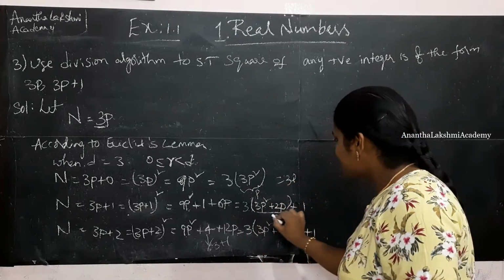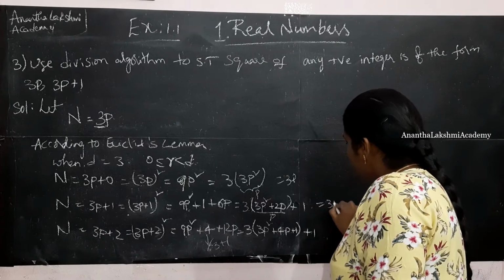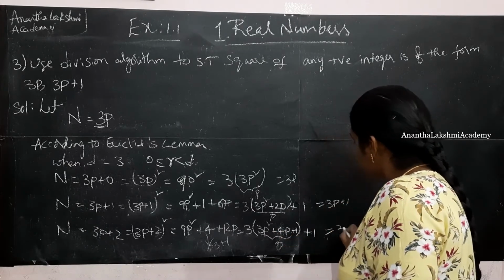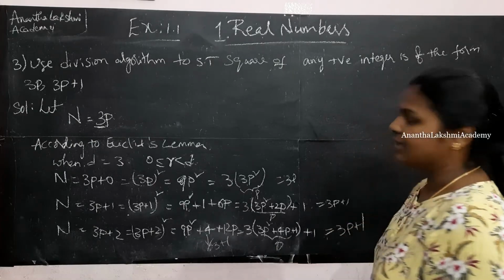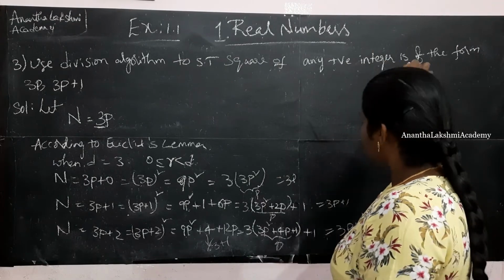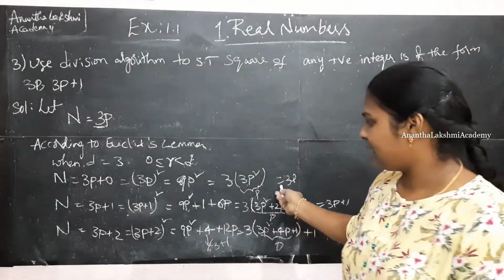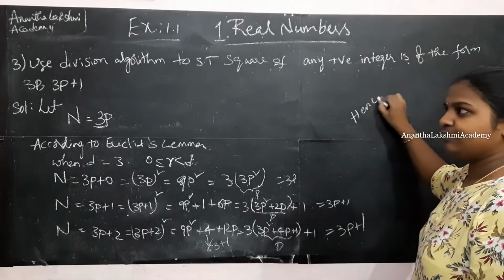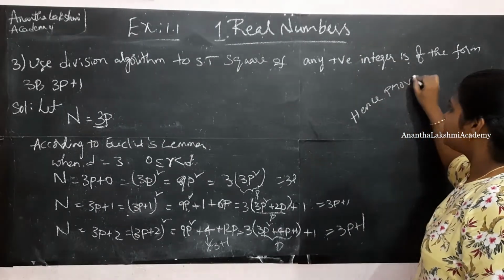If I assume this as p, this becomes 3p plus 1. When I assume this becomes p, this is also in the form of 3p plus 1. Isn't it? So the square of any positive integer is of the form 3p and 3p plus 1. Hence proved.